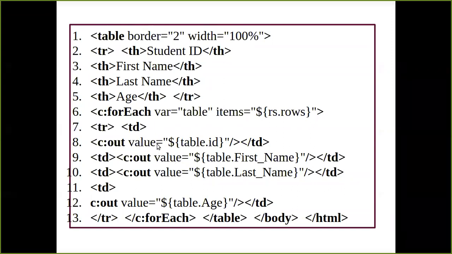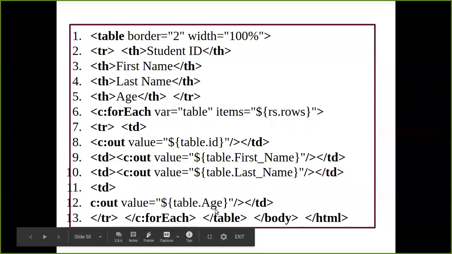Now what is going to be placed is the value which is going to come from the table: the id, the first name, the last name and the age. So id, first name, last name and age are going to be printed from your table, and this table is nothing but the variable declared over here.